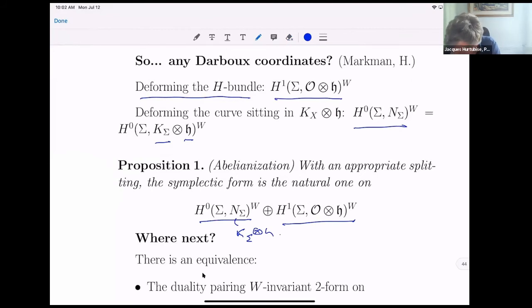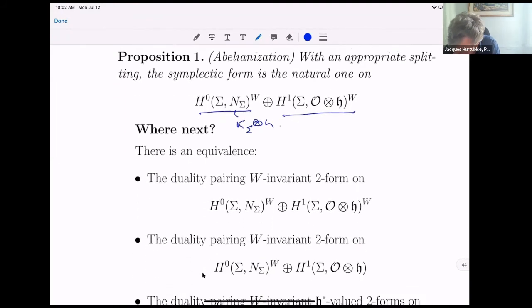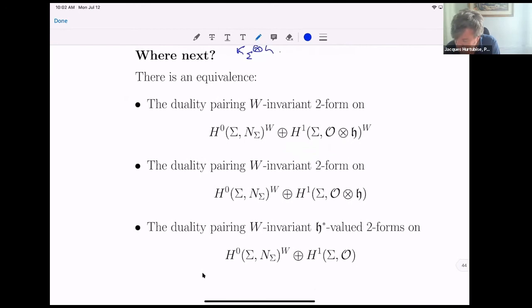I'm probably forgetting a star here because it should be an H and an H star. Okay, so the way to think of it is as follows. Well, first of all, you're taking this Serre duality pairing between two invariant pieces. And so the form you get is invariant.